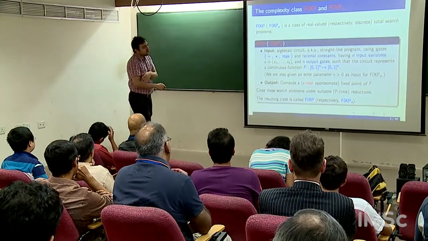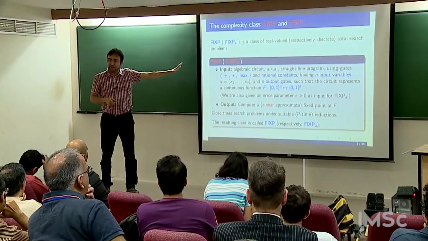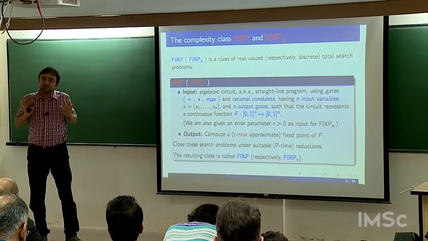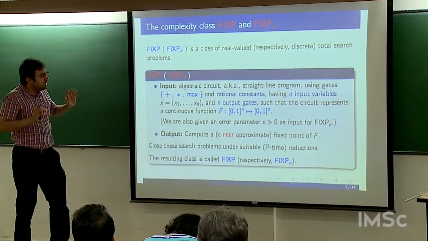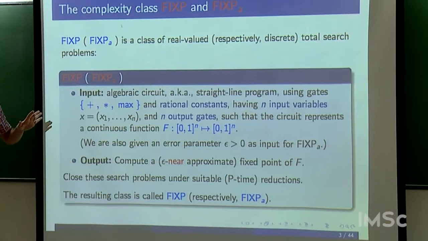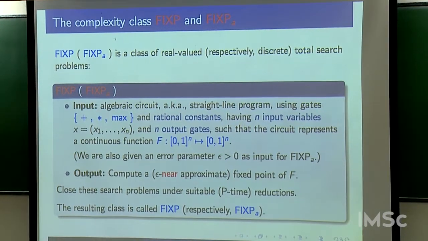Okay, good. So you might not think that this is a particularly robust class. It might seem to you that it's a little bit ad hoc or something like that. But trust me, it's very robust. So you can add all kinds of other operators to this class, and it won't change the class. You can change the domain to, for example, any convex polytope, and it won't change the class.